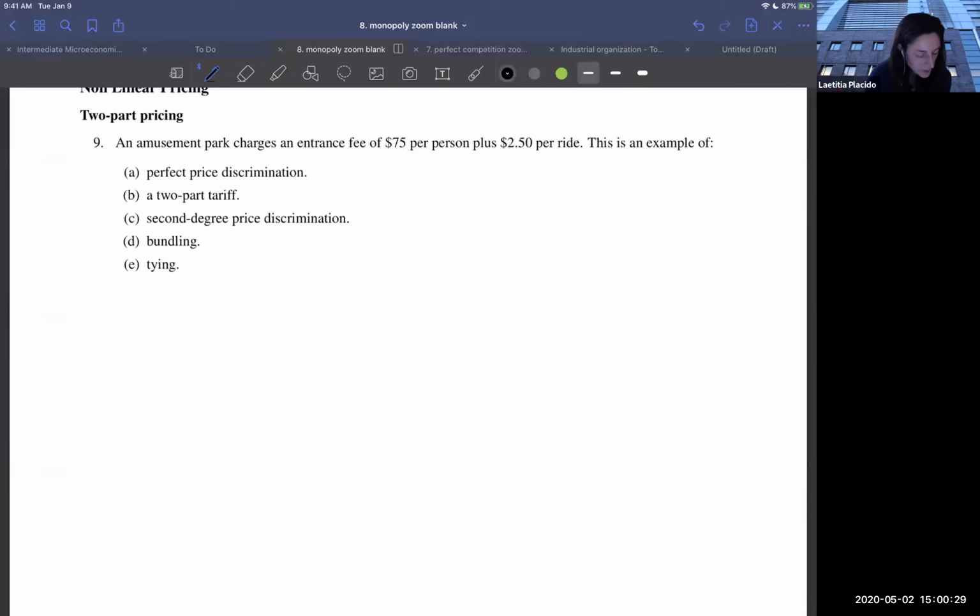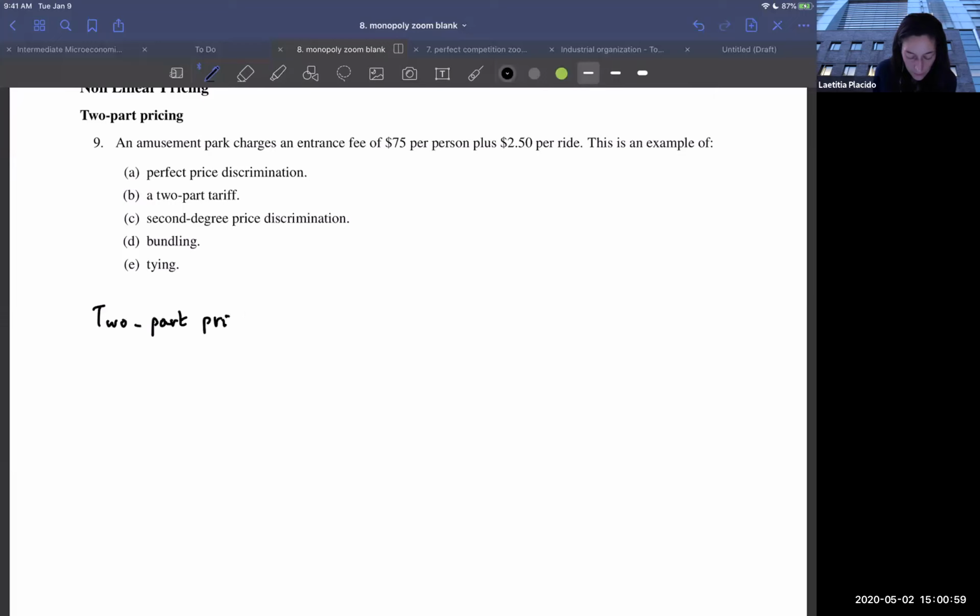So the next type of price discrimination is what we call two-part pricing. So what is two-part pricing? The idea is that you're going to charge a tariff in two parts.